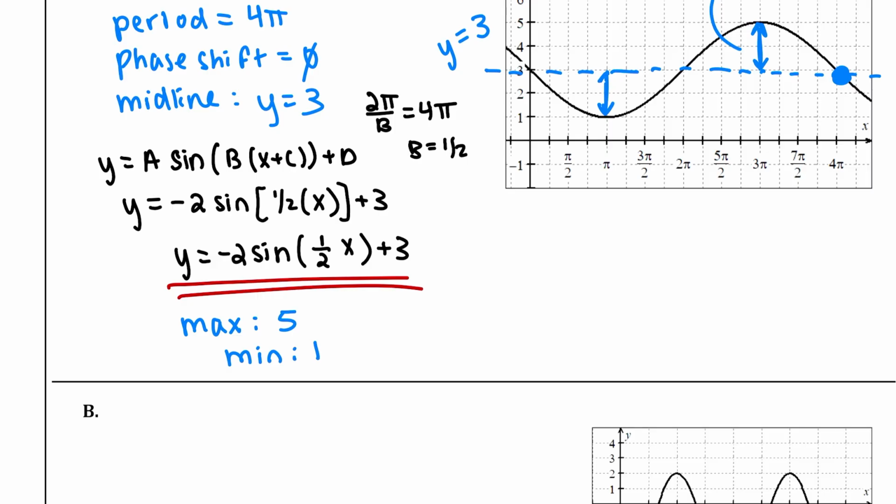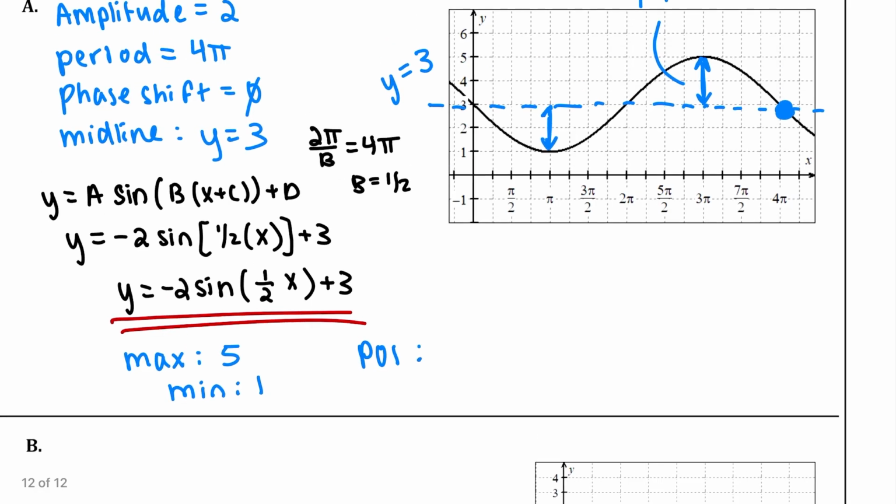Then it also wants our points of inflection. It's just wherever we change concavity, right? So every time we change concavity, it's going to be starting from 2 pi, and then every single time it's plus 2 pi. Like plus the period, pretty much. I mean, our period is 4 pi. What am I saying? My bad.